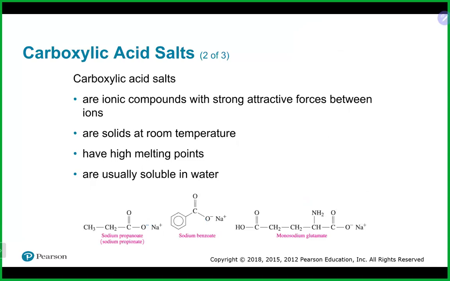All right, so carboxylic acid salts are ionic compounds with strong attractive forces. They are solids at room temperature. They typically have high boiling points and melting points, and usually are soluble in water because they are salts, so they're ions, and they work well in water. They can get surrounded by water and work really well.